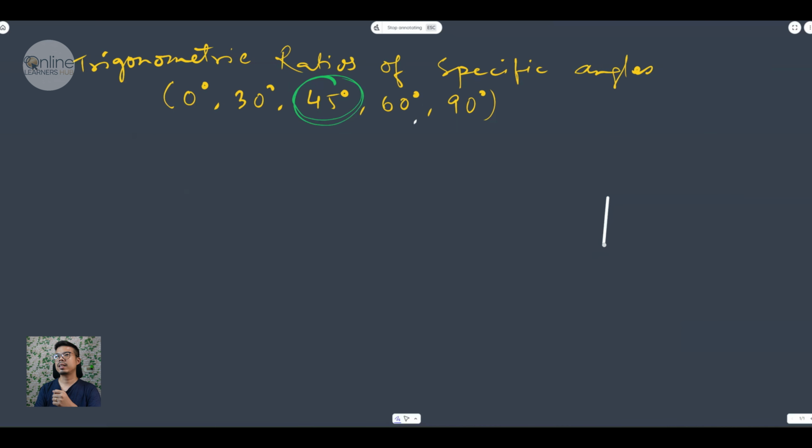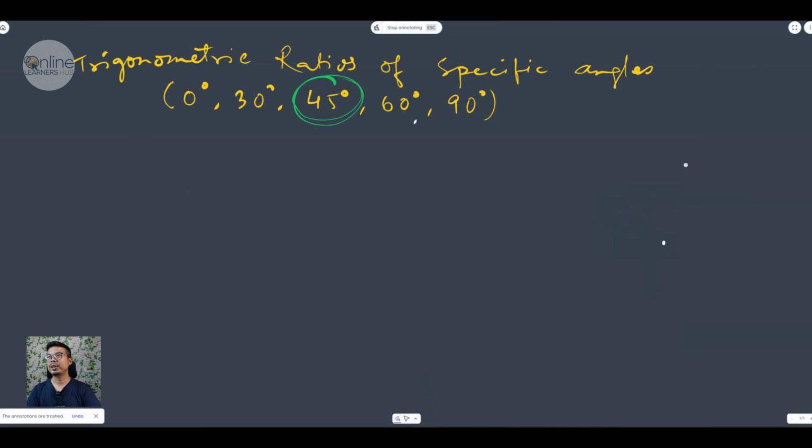This is 90 degree, and if this is 45 degree, what will be this angle? 45, right? Because the sum of the angles of a triangle is 180 degree. So it needs to be 45. All right?